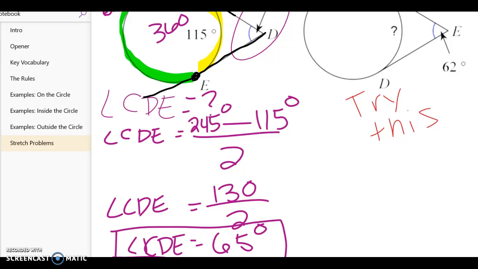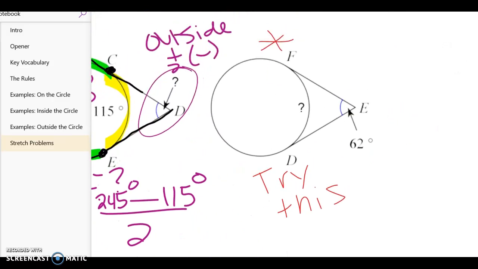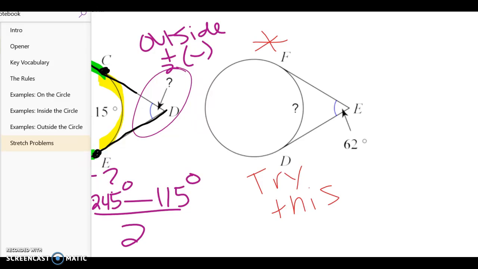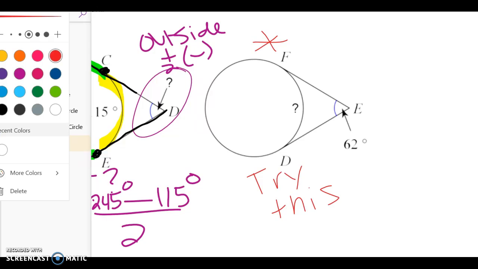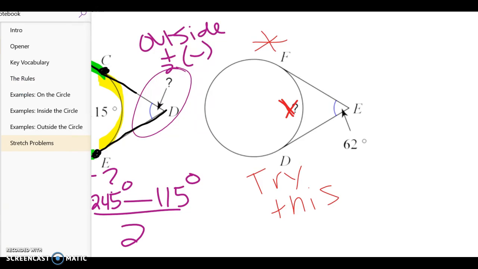Okay? Now, I asked for you guys to try this problem over here, and I still want you to try it, but I am going to give you a wee bit of a hint. Let question mark be x, and question mark refers to the minor arc FD.